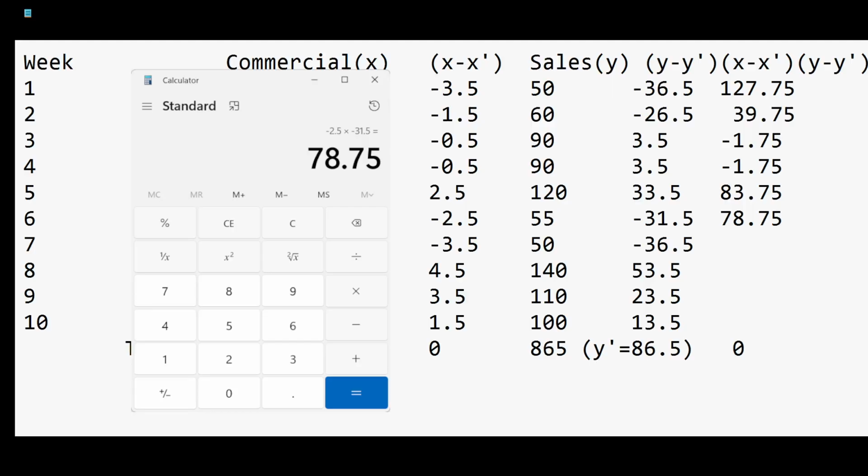Then next we have negative 3.5 times negative 36.5, 127.75. The next we have 4.5 times 53.5 equals 240.75.